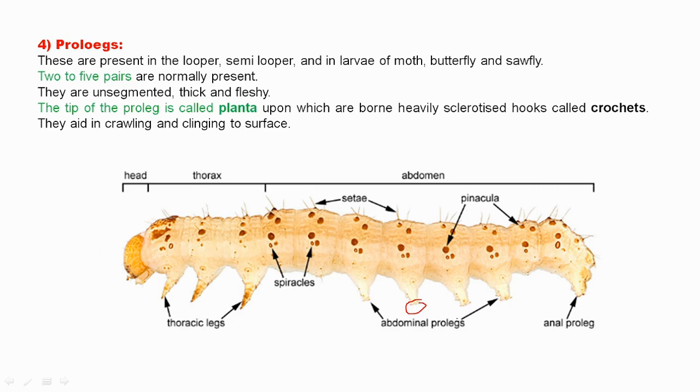These planta are provided with heavily sclerotized hook-like structures known as crochets, and these crochets aid in crawling and clinging onto the surface of the plant. These crochets are absent in sawfly larvae. That's why sawfly larvae fall down easily when we touch them.